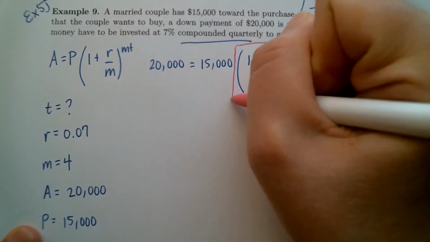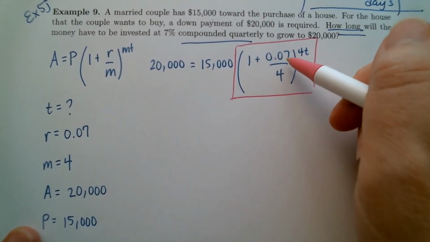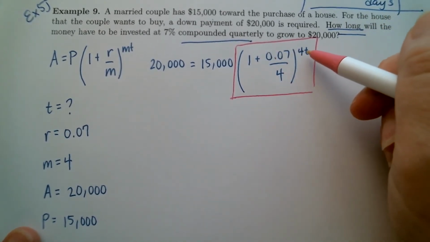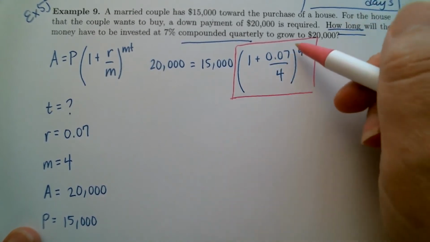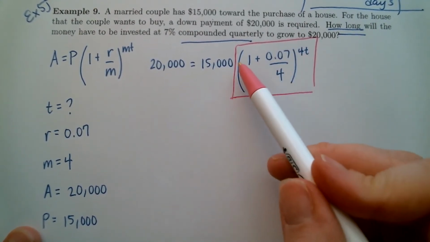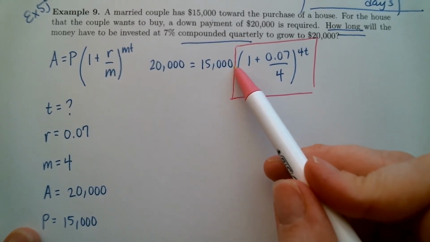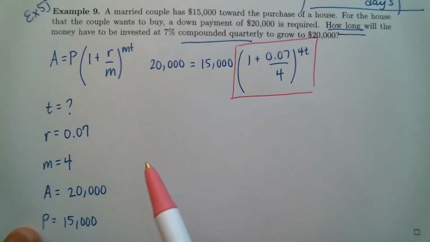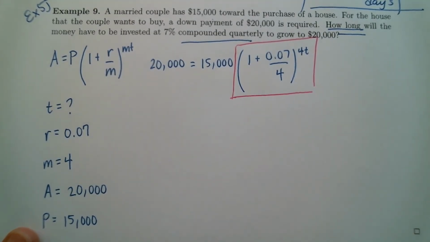Okay, this quantity, 1 plus 0.07 divided by 4, is in parentheses, and it's raised to the 4t power. So all of that is tied together. You can't break it apart. Whatever is in this box is multiplied by 15,000. Okay, that 15,000 is not inside the parentheses. It's not raised to the 4t power, so it's separate. Okay, so you want to isolate the thing in the pink box.